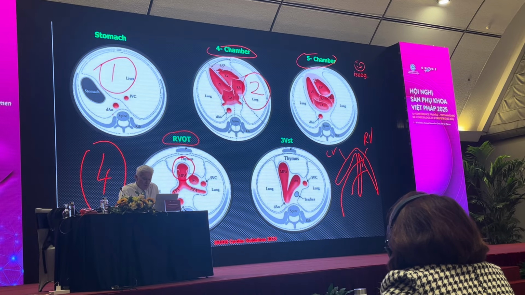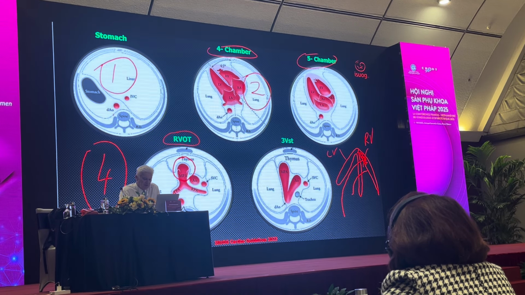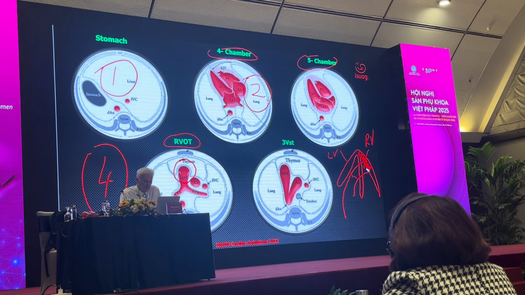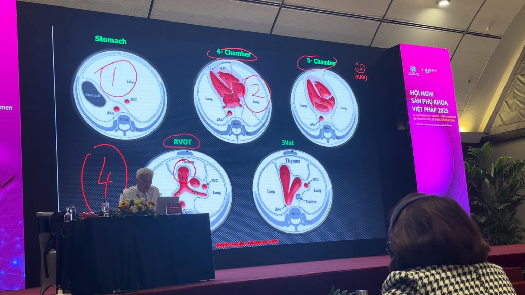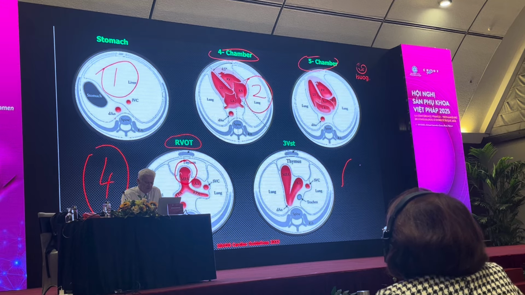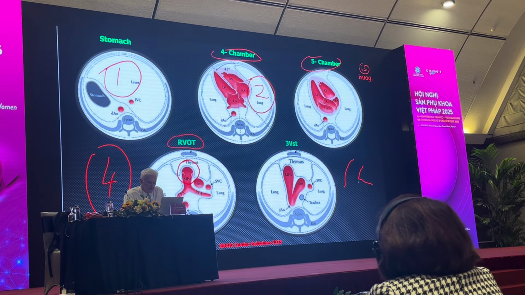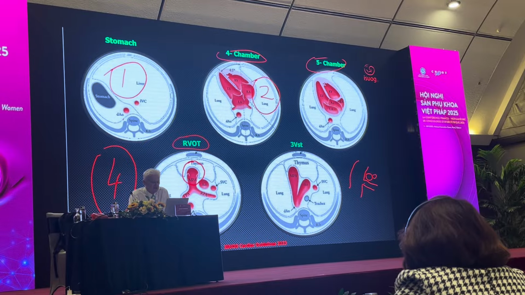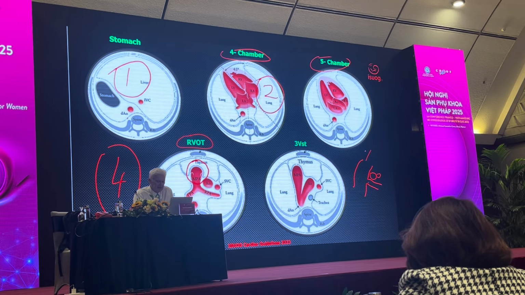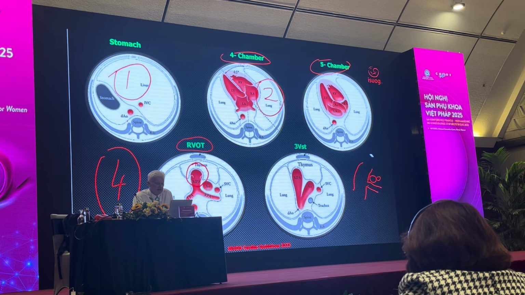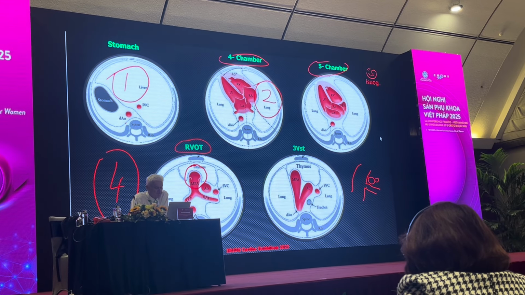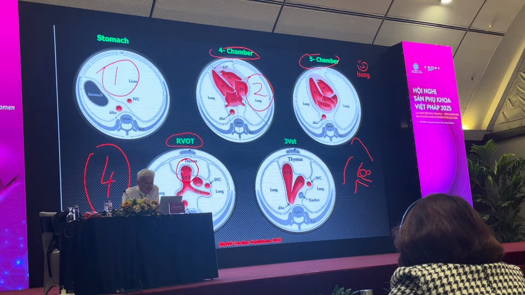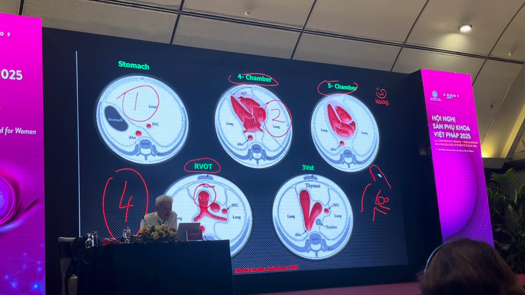And if you keep the wall of the right ventricle in view, then you will see the pulmonary valve. If you do not have the right ventricle in view, you run the risk of just seeing the main pulmonary artery, the right pulmonary artery, the aorta, and the SVC. If the pulmonary valve is back here, you will not see it unless you have the right ventricular wall in view.